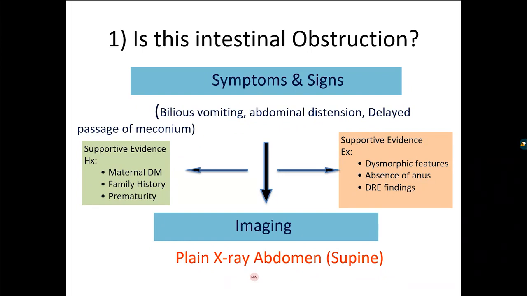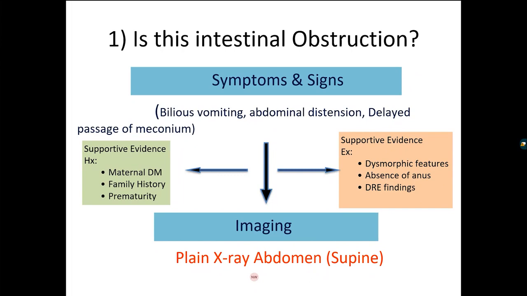Next, in the examination, there may also be supportive evidence such as dysmorphic features or features suggestive of trisomy 21, which could be a baby with duodenal atresia. Absence of anus or a malpositioned anus could be a patient with anorectal malformation or imperforate anus.